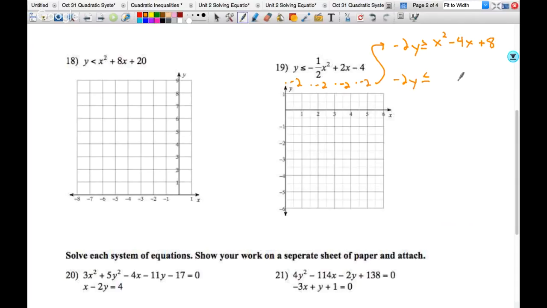-2y is greater than or equal to x minus 2. Where'd that -2 come from? It's always half of this one. Squared, minus 4 for the extra, plus 8 for what was in the original equation.